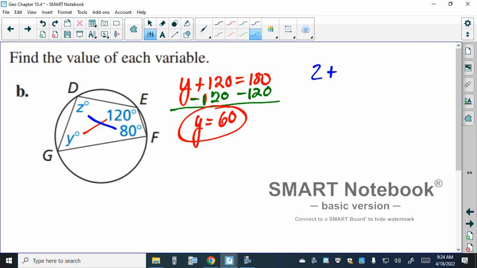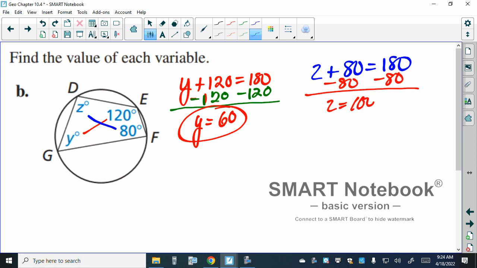Yes, because z plus 80 is 180. Minus 80 from both sides. Z is equal to 100. And that's it. Any questions on any of this here? Are we ready for the next one?